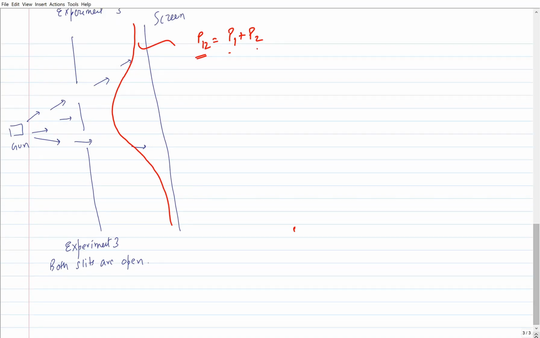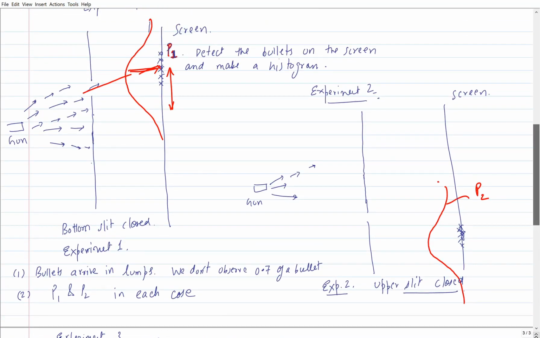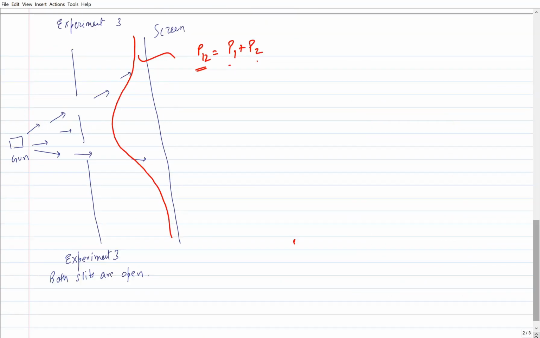So remember P1 was the probability distribution when slit 1 was open. Let me also name the slits as slit 1, slit 2.